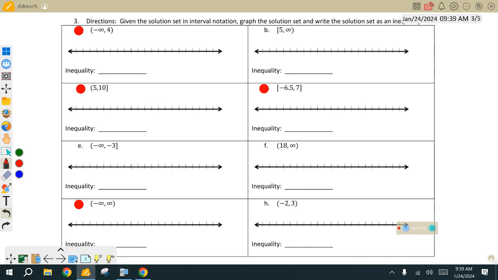Let's take a look at that first one there. What's -infinity to 4 gonna look like? So I know we're gonna be at 4. I don't care where you put 4 at. And what's 4 gonna have? An open or closed? Open. And then based off the rest of that interval notation, which way are you going to shade?